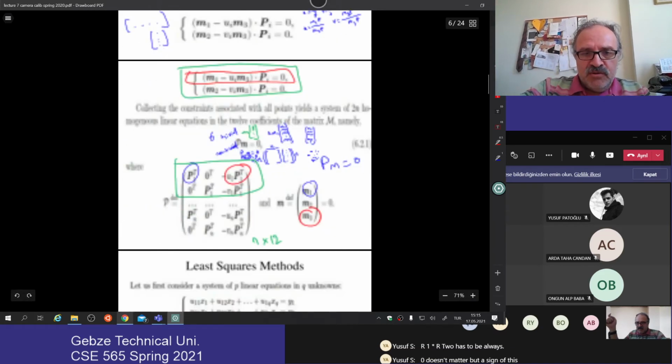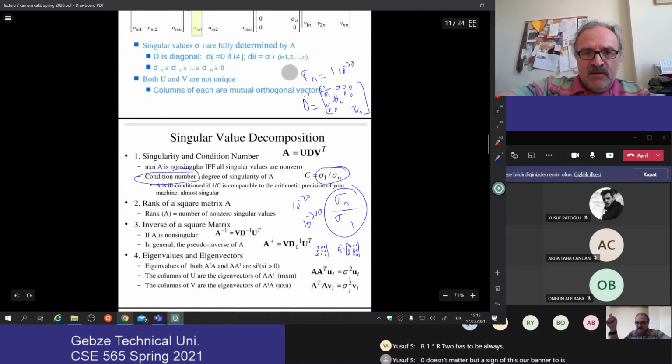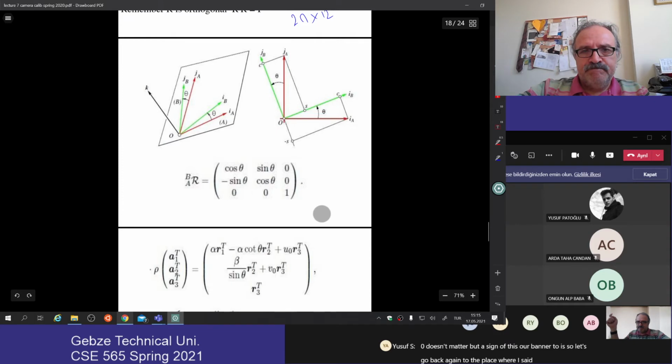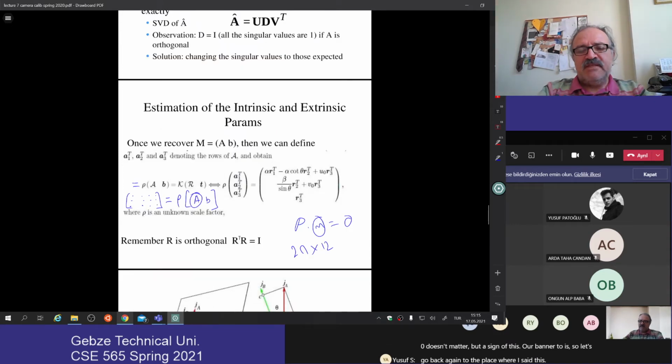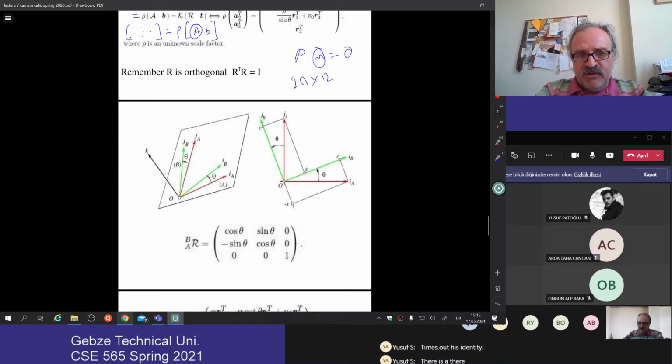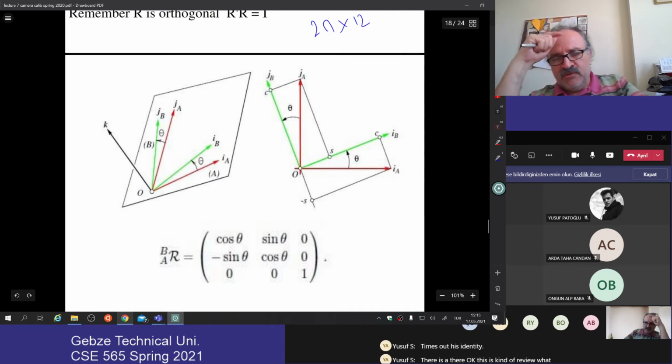So let's go back again to the place where I said this. We talked about this: R transpose times R is identity. This is kind of a review of what we mean by the rotation matrix.